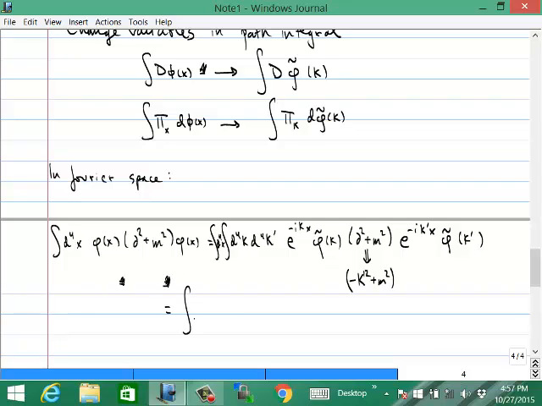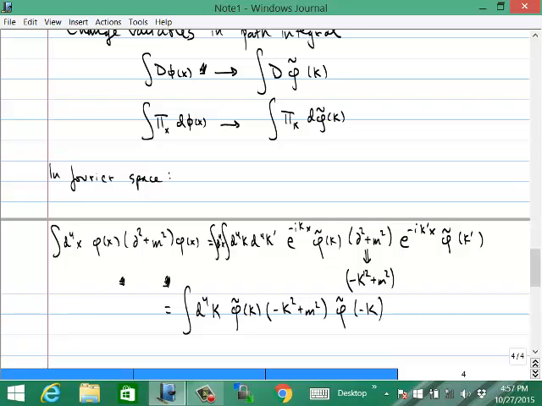And you get an expression for the kinetic term of the action in momentum space, which is an integral d4k of phi tilde of k times minus k squared plus m squared times phi tilde at minus k, because k prime was equal to minus k. Right, this is the advantage of working in Fourier space.